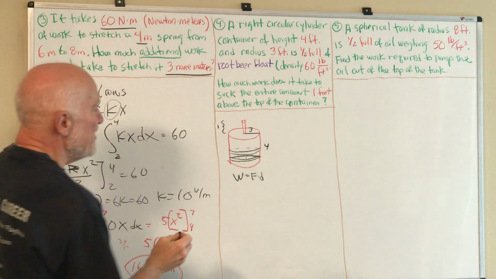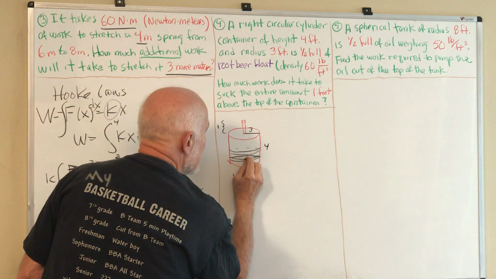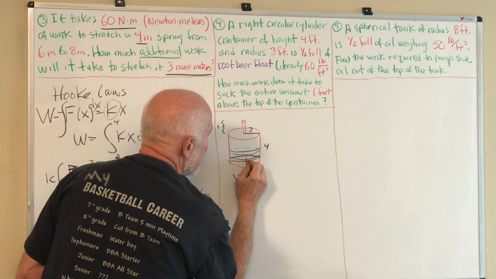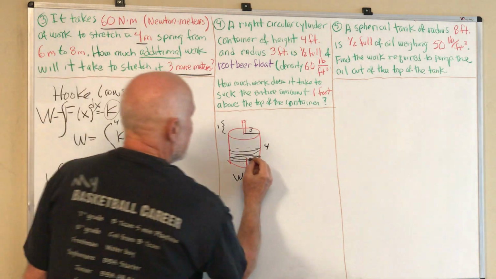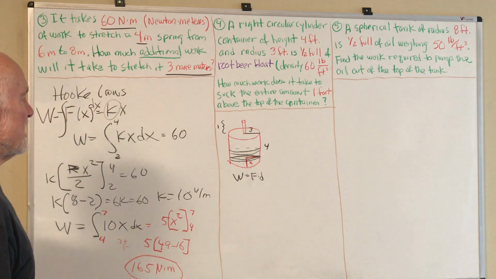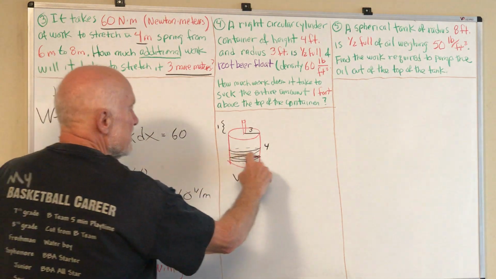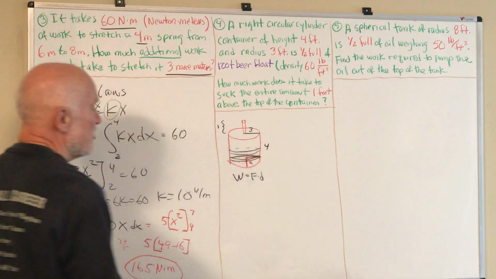And I'm going to call the distance up from the bottom, you can call it whatever you want, I'm just going to call it x. And then, what I need to do is find the force of this slice right here.